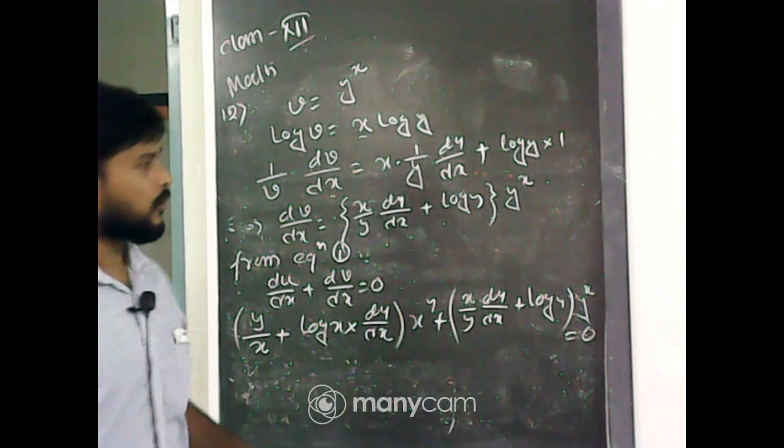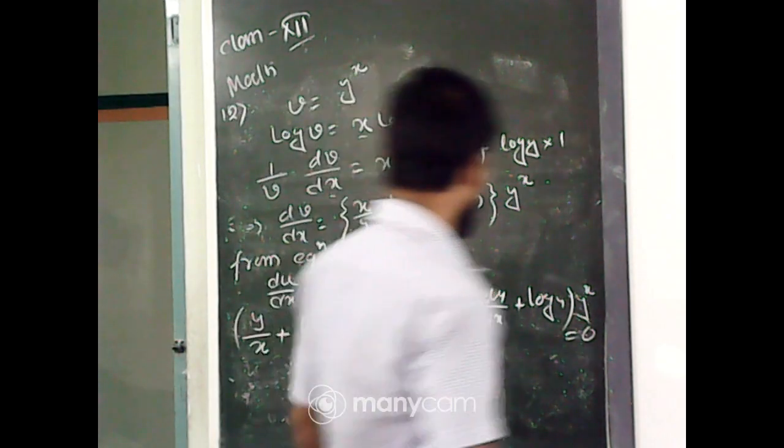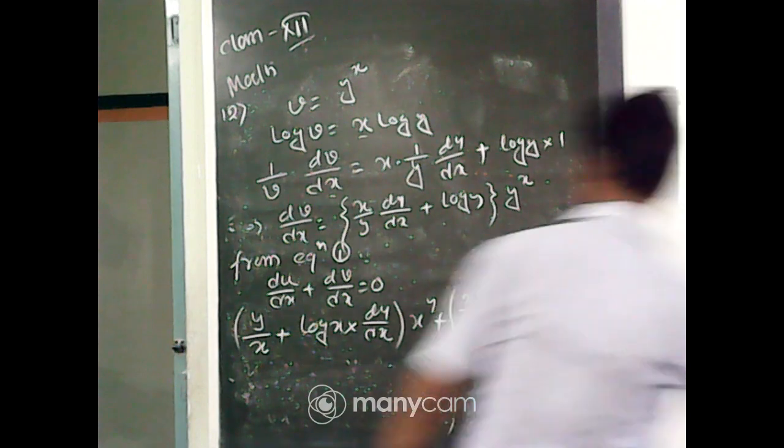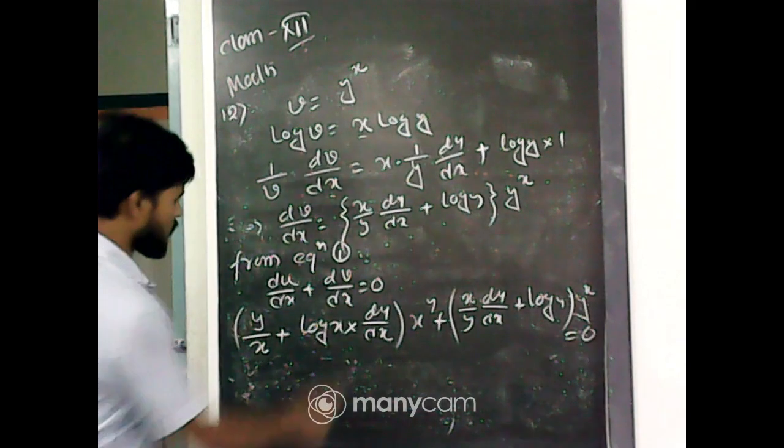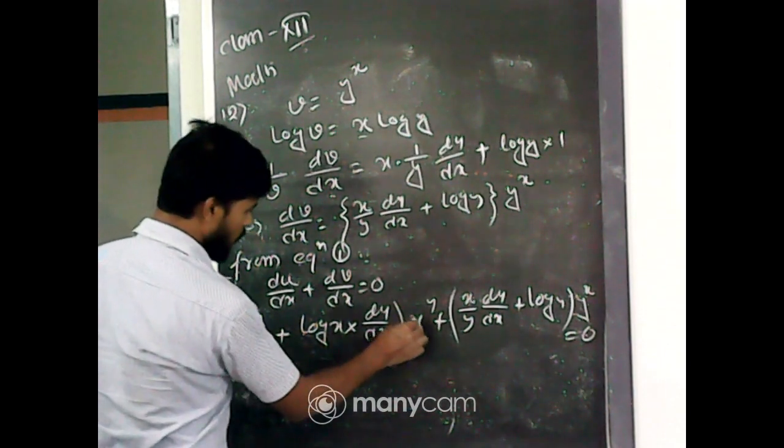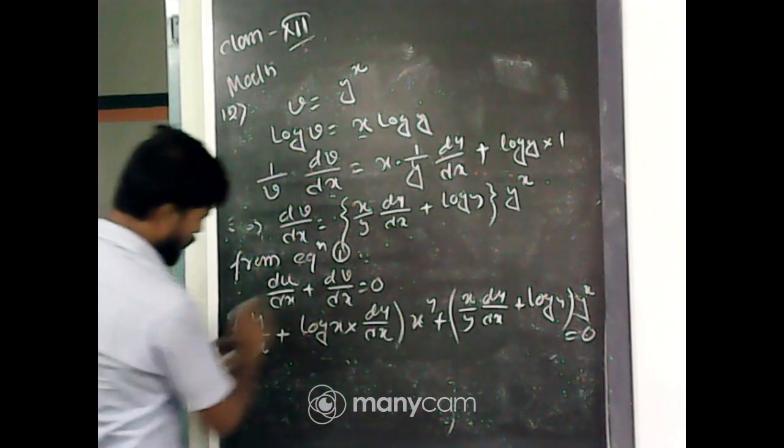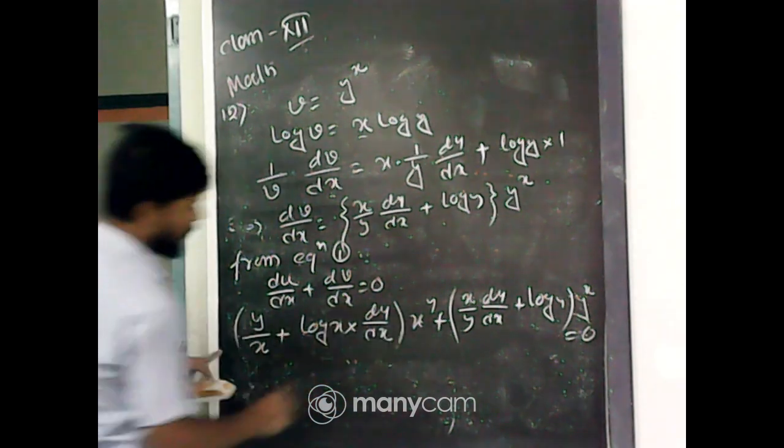Now, from here we have to calculate the value of dy/dx. First remove the brackets by multiplying the expression within the bracket by x to the power y.